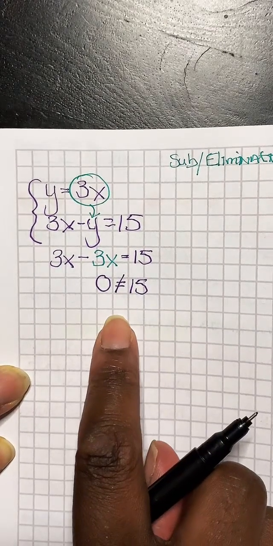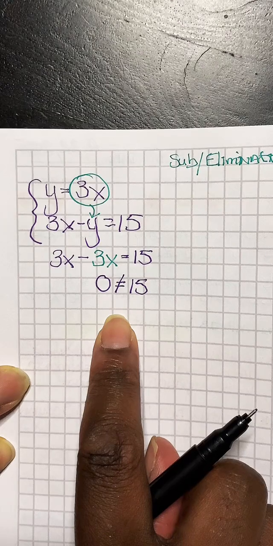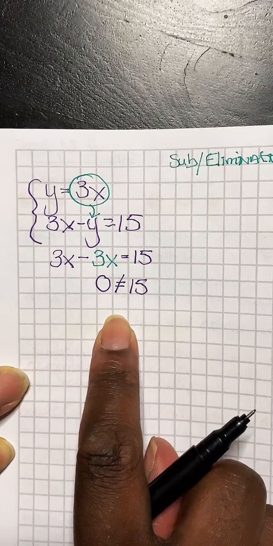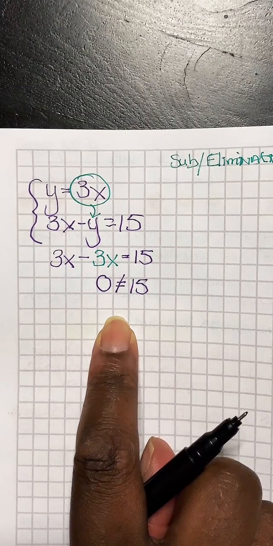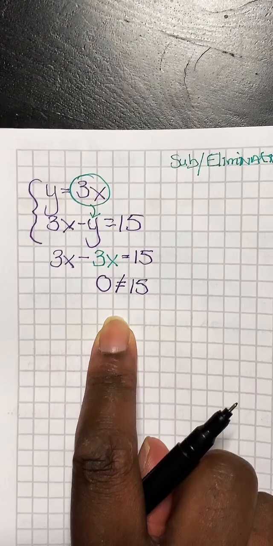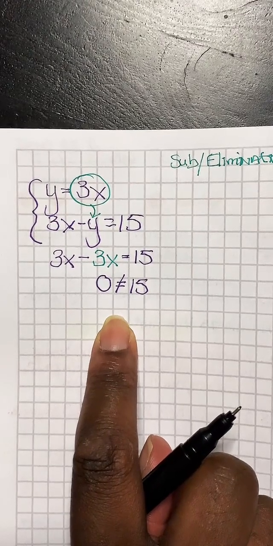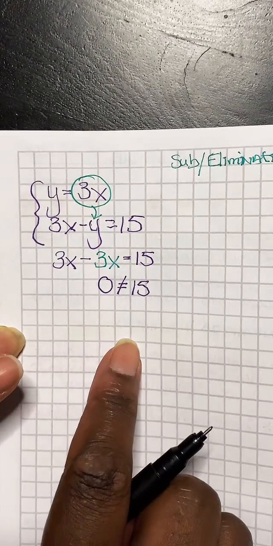So what type of lines do we have? What's going on? Why is it a no solution? There we go. That means these two lines are not intersecting.